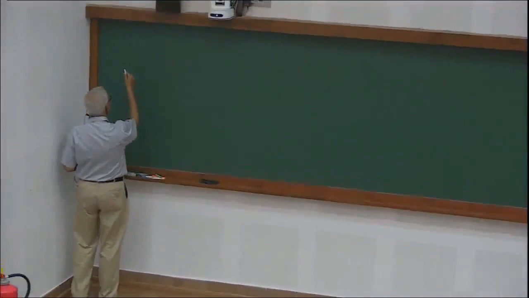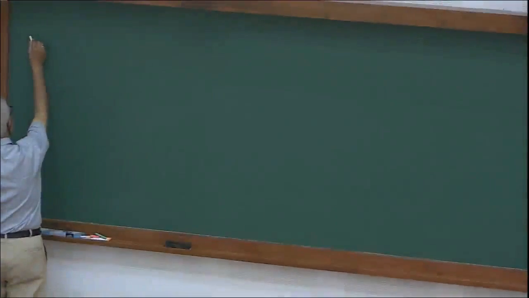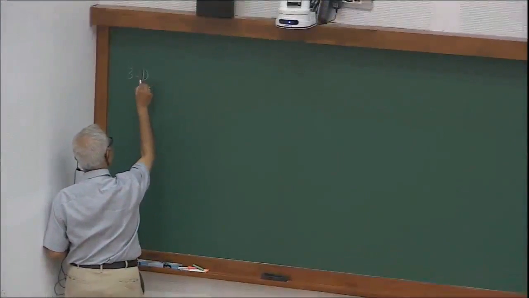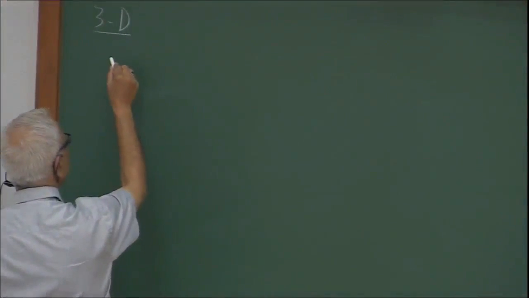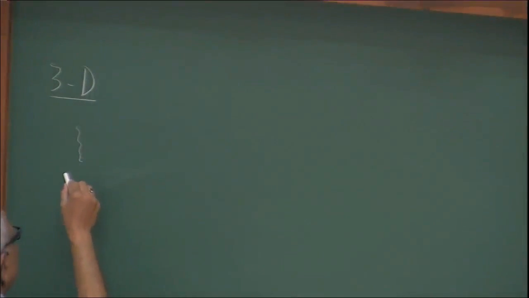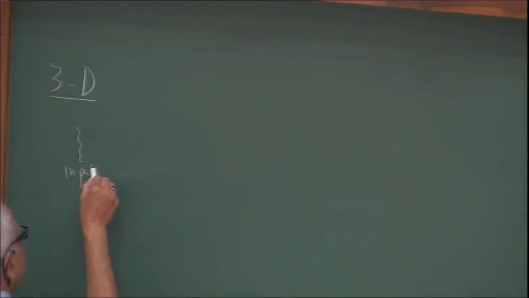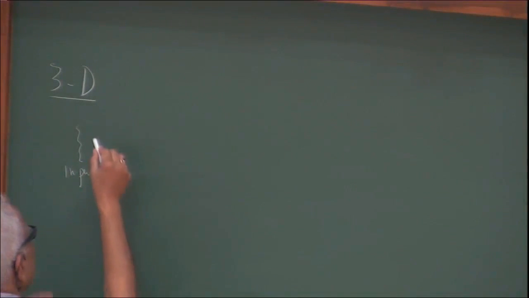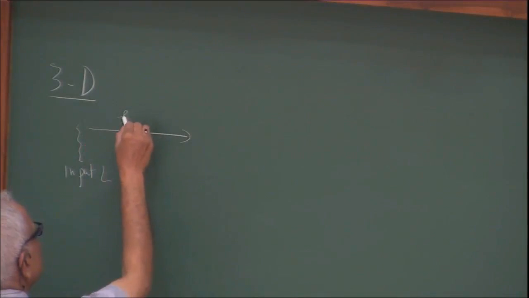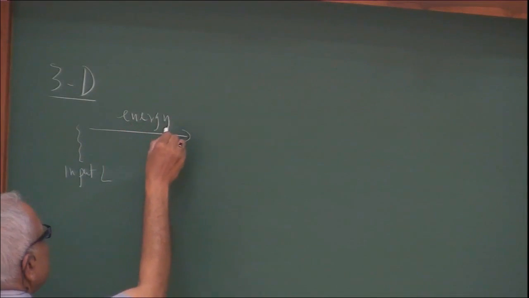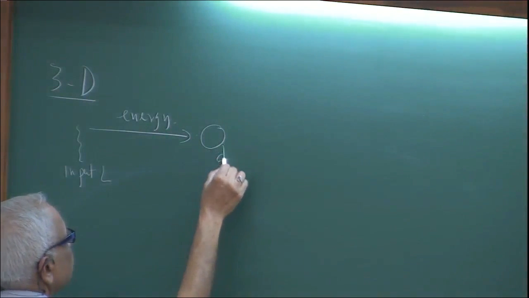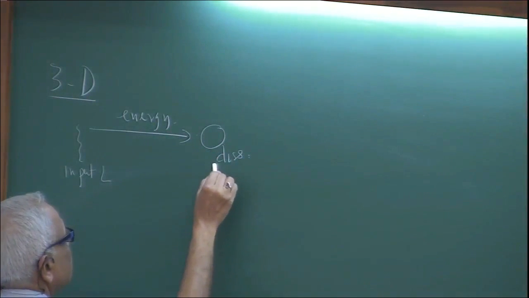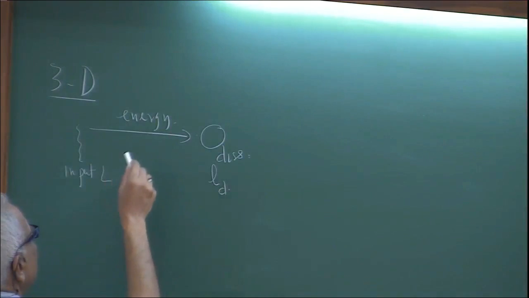Let me start with a question that we had been discussing, primarily the three-dimensional situation, where the picture was that I input energy at large scales L and have this energy cascade down to small scales where it gets dissipated at some scale L_D.